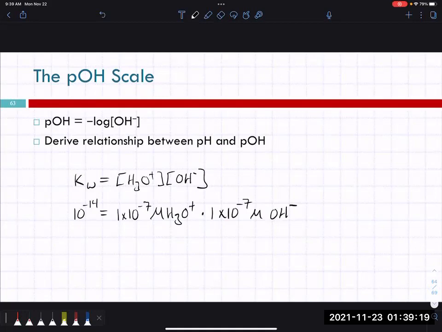So we can turn these into pHs and pOHs as well. We can take the negative log of each of these.